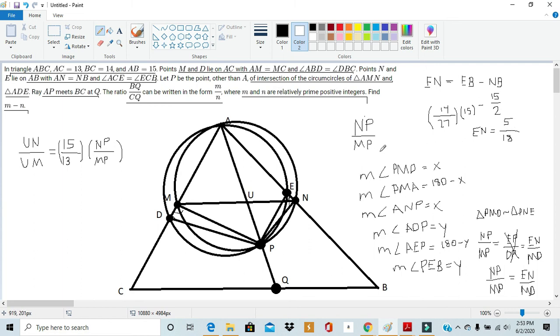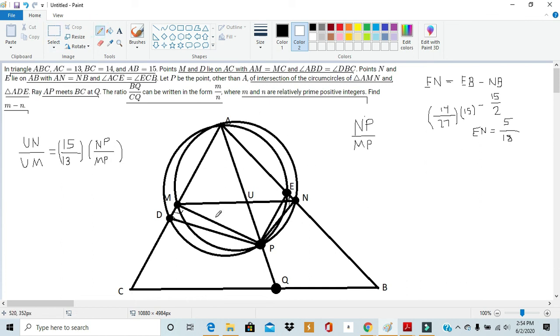So now, to do the same thing, but for MD, we use the same kind of idea. MD is equal to MC minus DC. And since we know that M is the midpoint of side AC, MC is just half the length of AC. So AC is 13, so MC is 13 over 2. Now, DC is slightly more difficult to find, because we have to do the same thing we did in finding EN. We have to use angle bisector theorem.